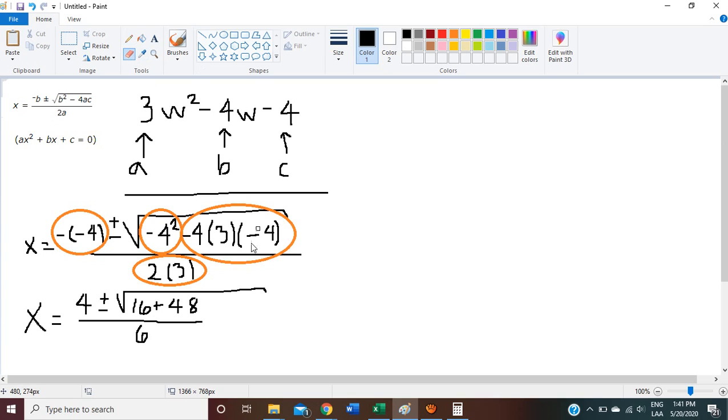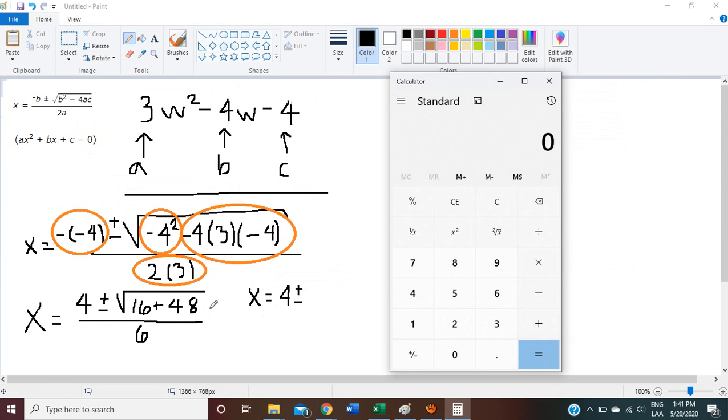Let me erase this part. Now x equals 4 plus or minus 16 plus 48. Let me use the calculator so I can do it faster. 64.